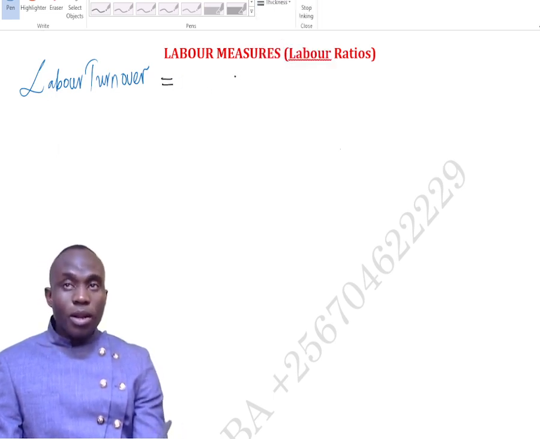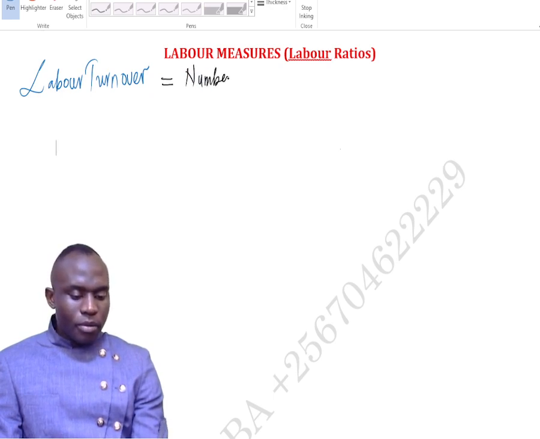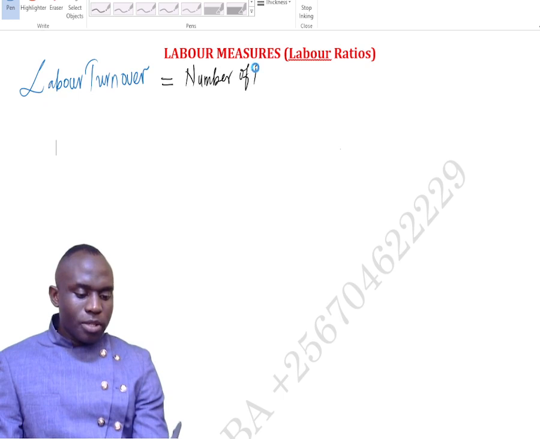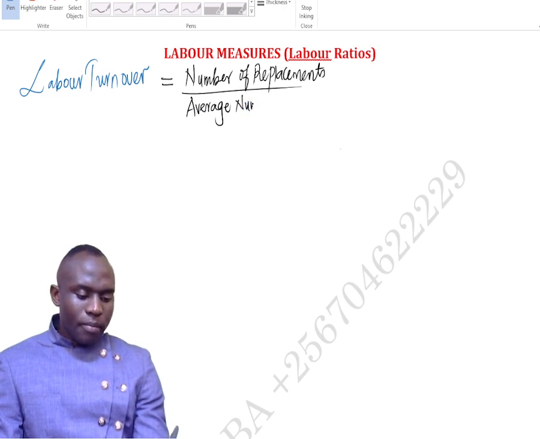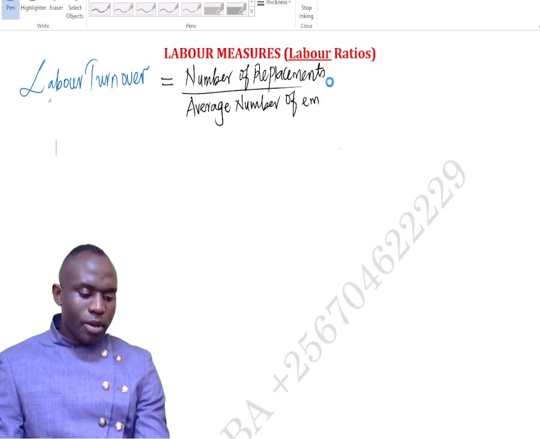Labor turnover is number of replacements divided by the average number of employees in the company.